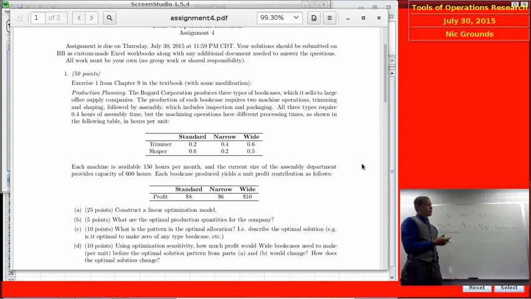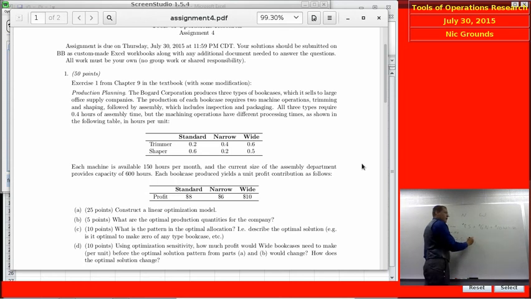So the first activity was called trimming, and trimming requires 0.2 hours for every standard bookcase, so 0.2 times S, the number of standard bookcases we make, plus 0.4 times N, plus 0.6 times W.